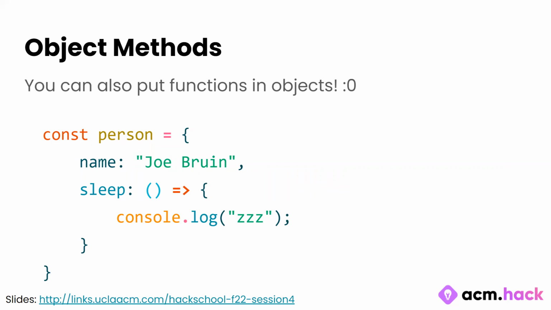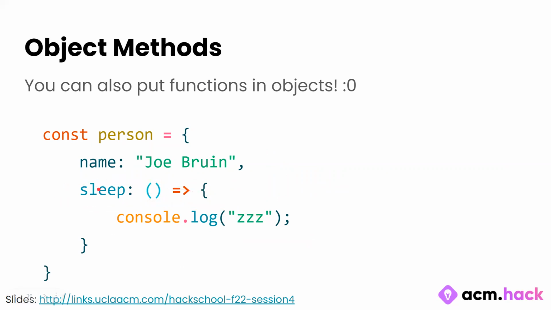This is the parentheses where the arguments will be, and then this is the arrow to what the function actually does. In this function, all it does is print ZZZ. And this function is assigned to the sleep property.